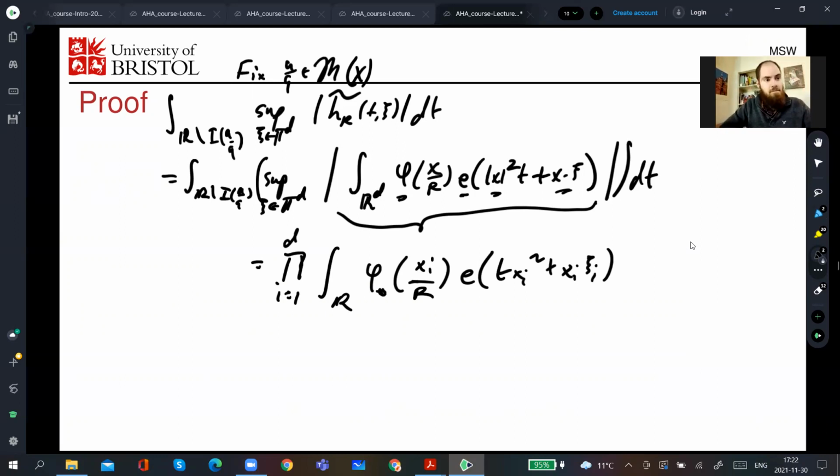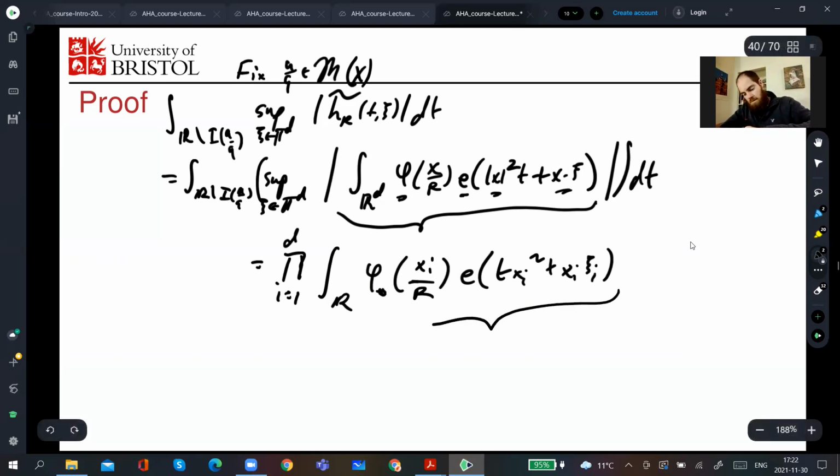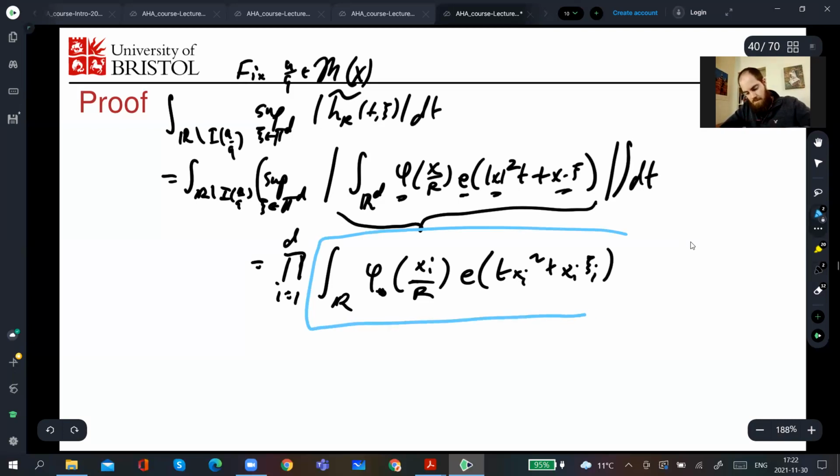Okay. Now, before doing that, I am going to complete the square to handle this one-dimensional integral. Okay, let's complete the square. And so what does that give us?